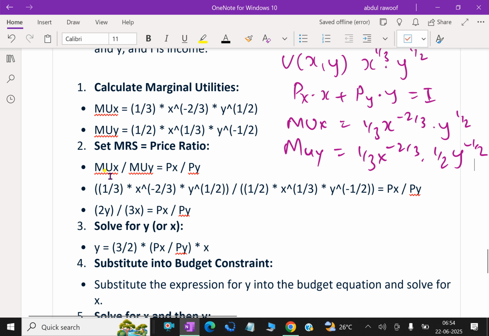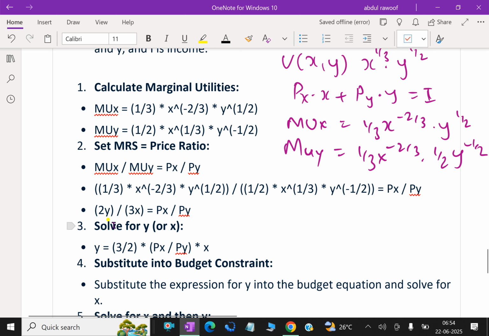That means MUx over MUy, the division of these two functions, is equal to px over py, price of x over price of y. This is the equation. We put the values of MUx and MUy, which is equal to px by py. This gives this lengthy relation.